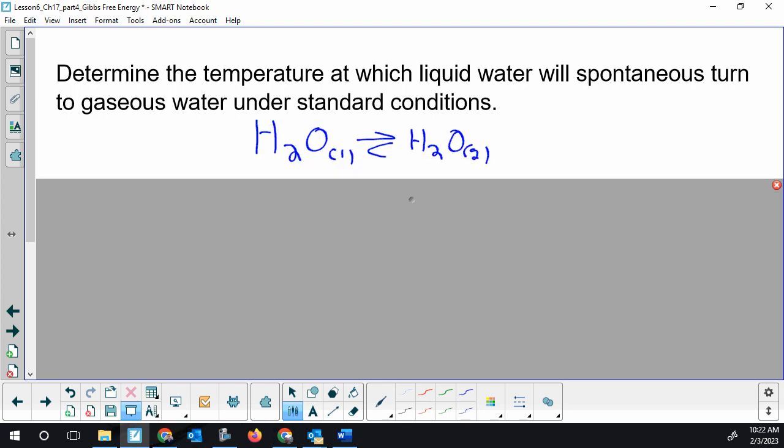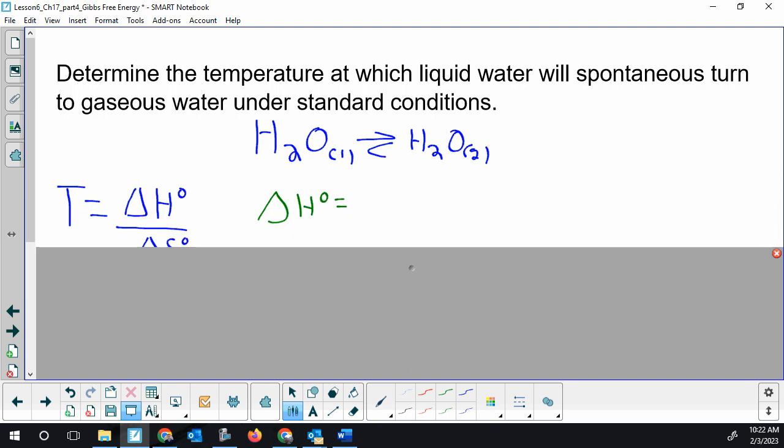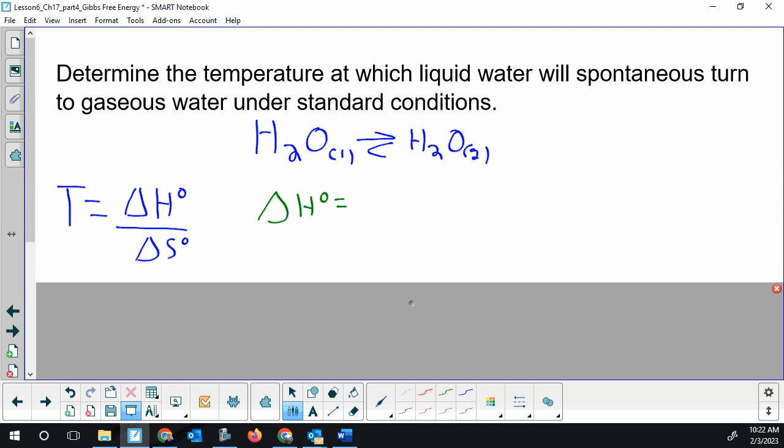It's always worth thinking of the chemistry. So visualizing liquid water turning to water vapor. So that's liquid water in equilibrium with water vapor. Liquid water our reactant, water vapor our product. And we can solve for that temperature taking the enthalpy change of this reaction, dividing it by the entropy change.